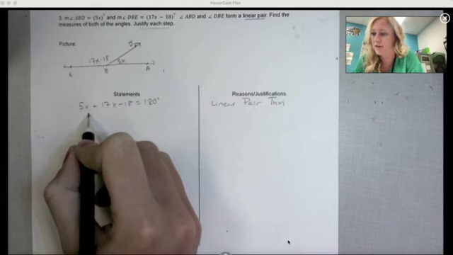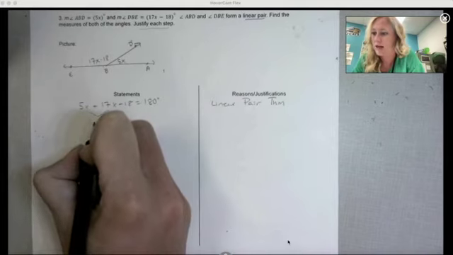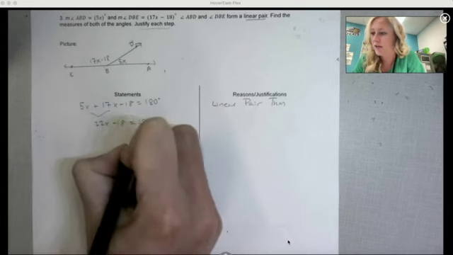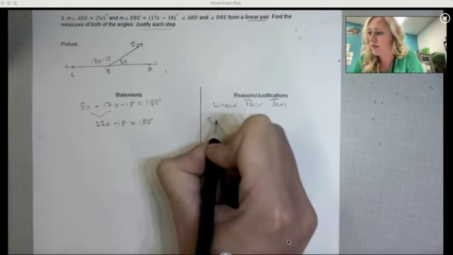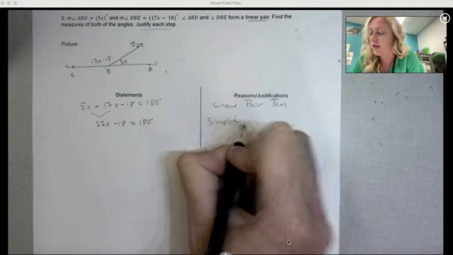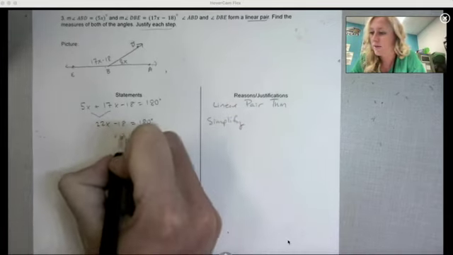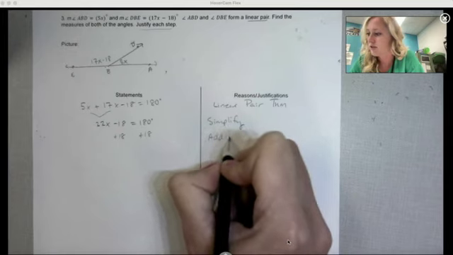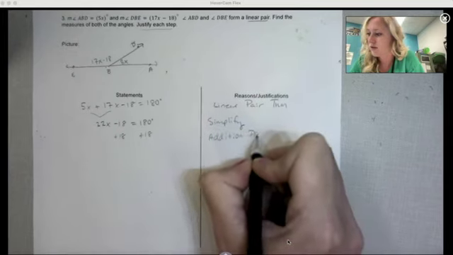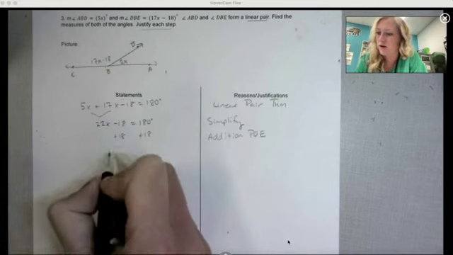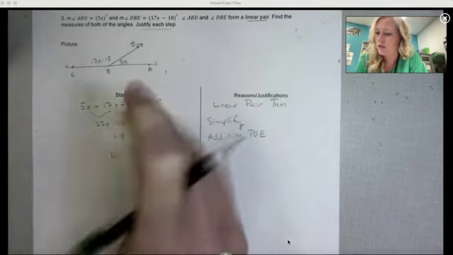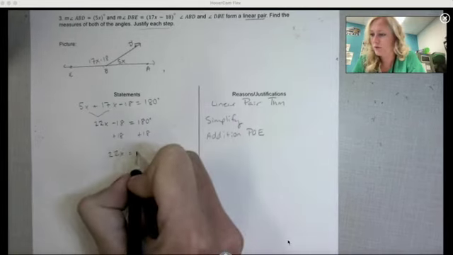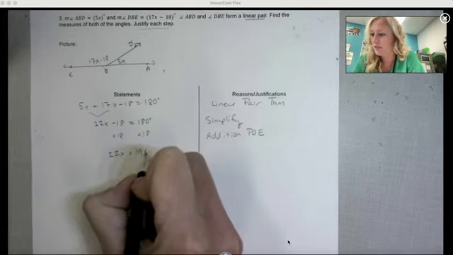Now we're going to use our properties of equality to solve this equation. I'm going to simplify first. I can put those together and get 22x. So you can say combine like terms or simplify there. Now I'm going to work on getting x by itself, so I'm adding 18 to both sides. Now I have 22x equals 198 when we simplify.